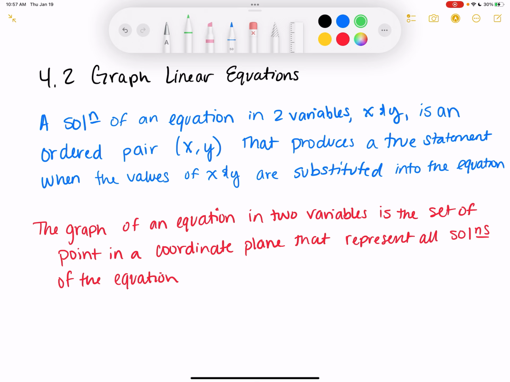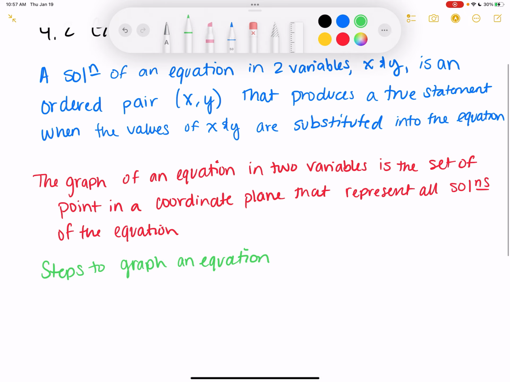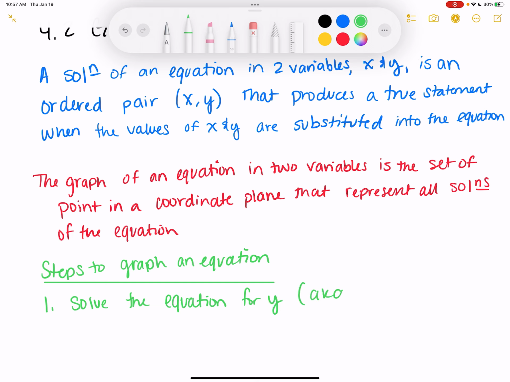So steps to graphing an equation, as how we would do it in this section. We will first solve the equation for y, AKA get y by itself.